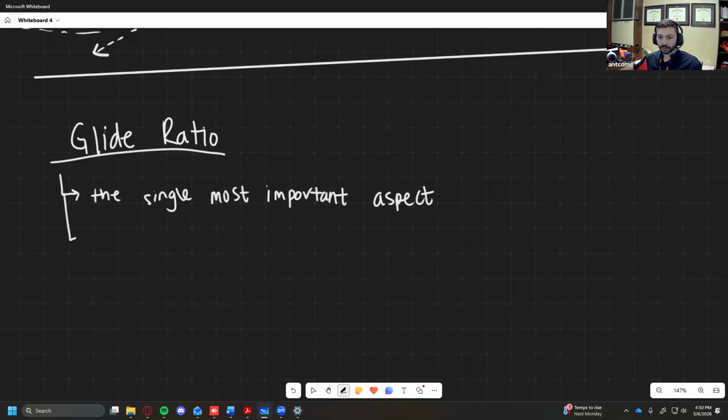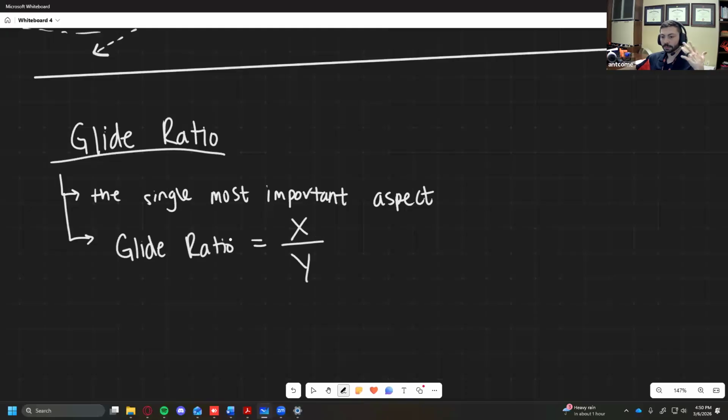So what is glide ratio? Glide ratio is the ratio that describes how far the glider is going to travel horizontally compared to how much altitude it loses. So this glide ratio is going to be defined as basically x over y. And so these are really meaningless unless we draw out our problem. So let's think about what this looks like.